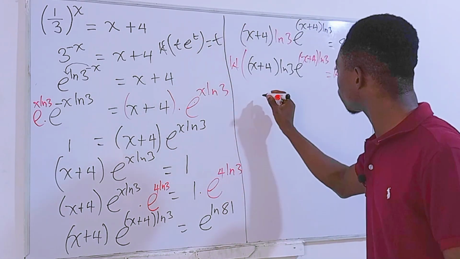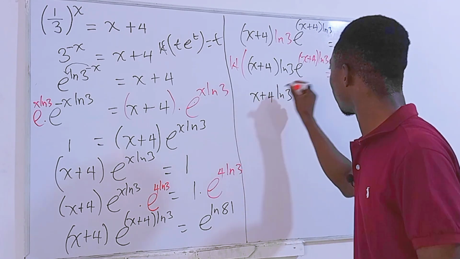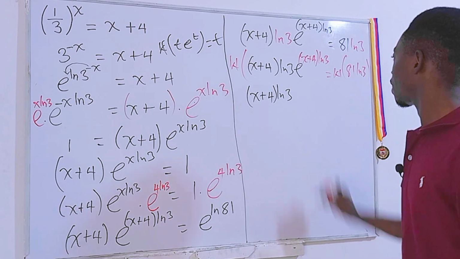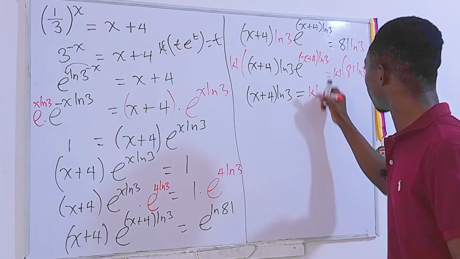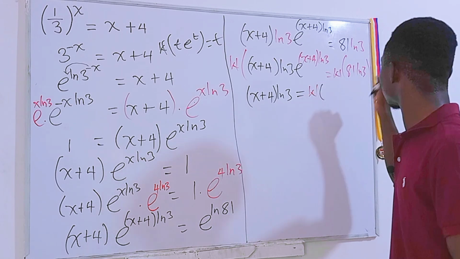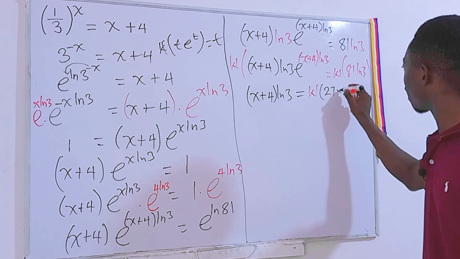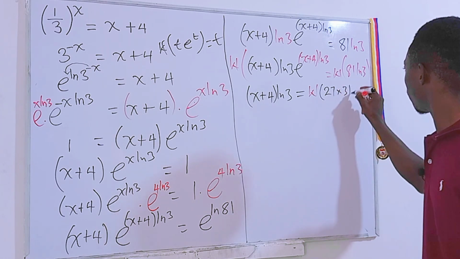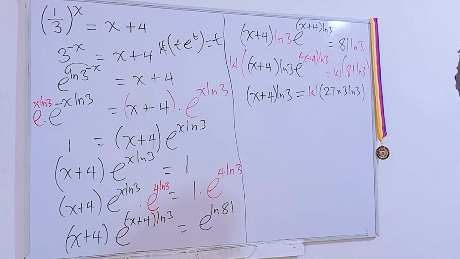Therefore, here we are going to have x plus 4 ln of 3, and I'm going to put this in parentheses. Then the right hand side, we have the W right here. I'm going to keep it. Then times 81 is the same as 27 times 3. Then we have ln of 3 right there, just like that. Cool.